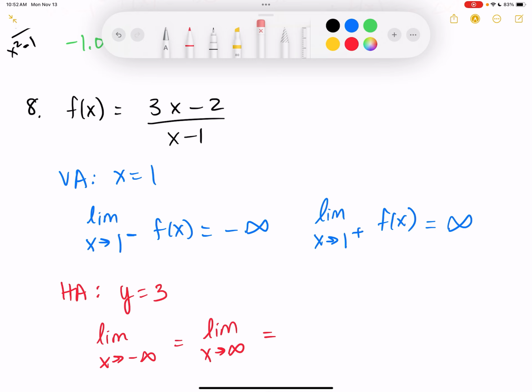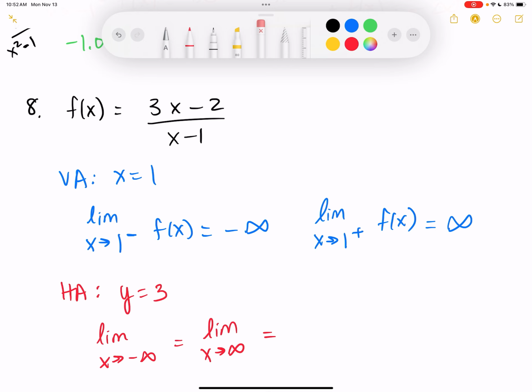The way to verify that what you did is correct is to plug in, and I'm going to do the positive infinity one, let's say 500. As x gets really, really big, are the minus 2 and the minus 1 really changing anything? No, so I'm ignoring that. All I care about is my highest powered terms, which is all I ever look at for horizontal asymptotes anyway, because everything else is irrelevant.